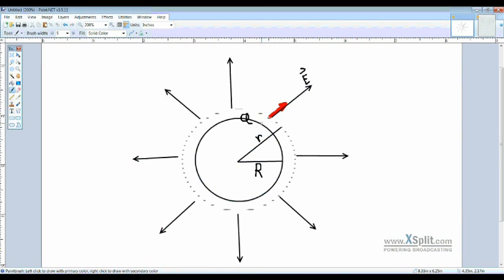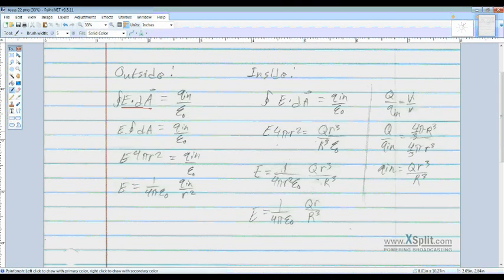We want to call it n hat. We get that as being in the same direction as E, so we don't have to worry about the cosine. So E times the surface area of a sphere equals Qn over epsilon naught.